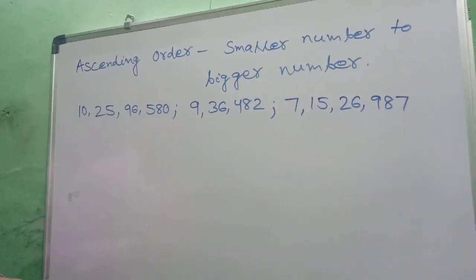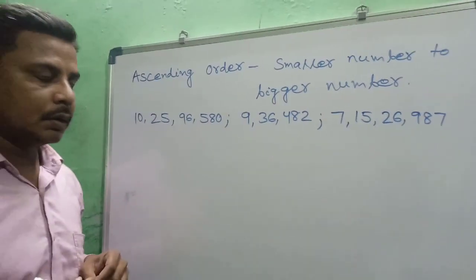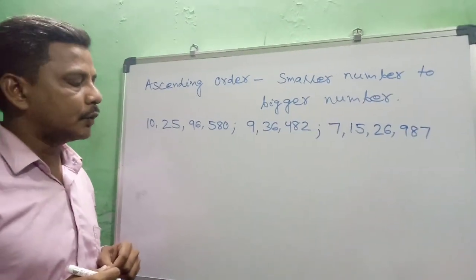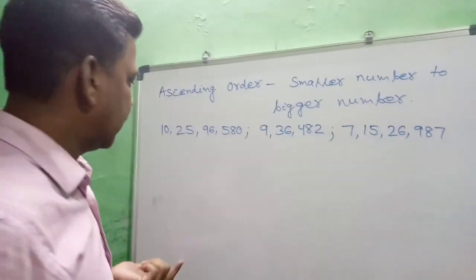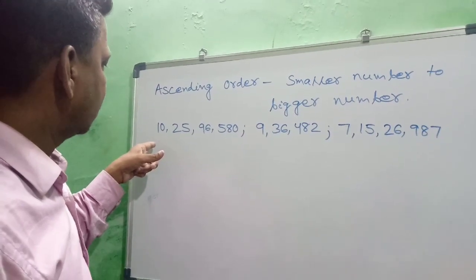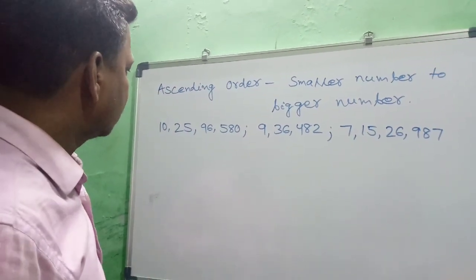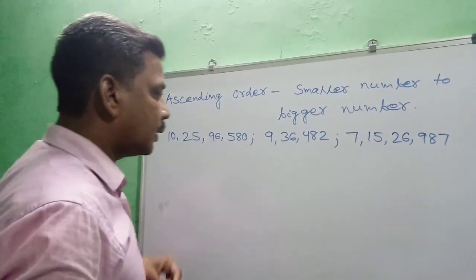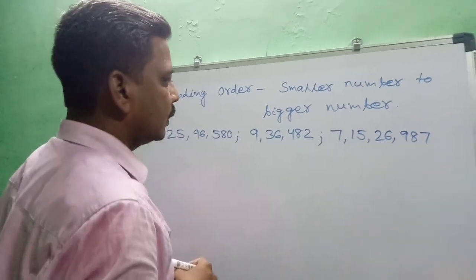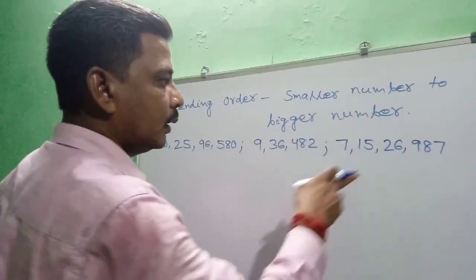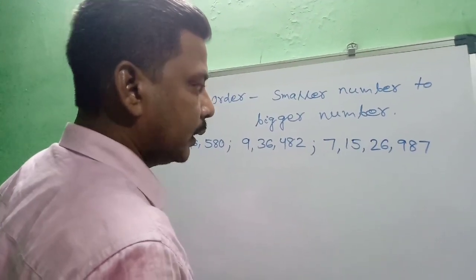In the numbers, we have to count the digits or look for the places. Here is a 9-digit number, here is a 6-digit number, and here is an 8-digit number.